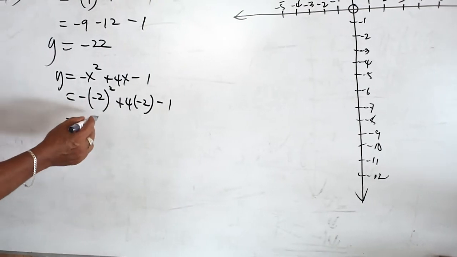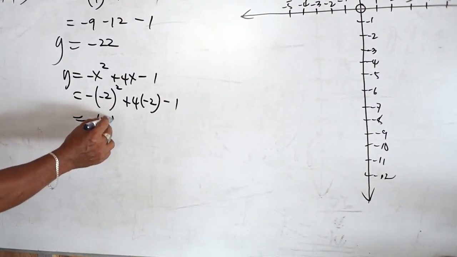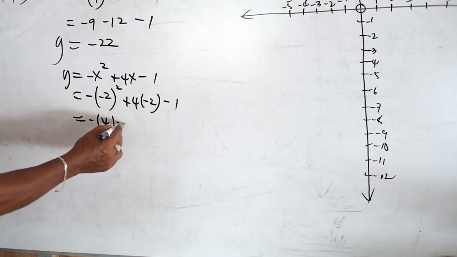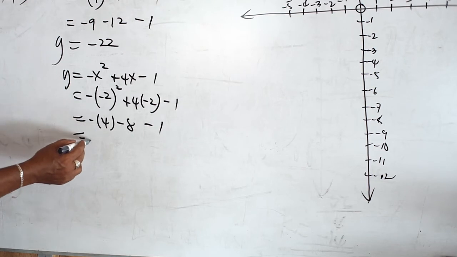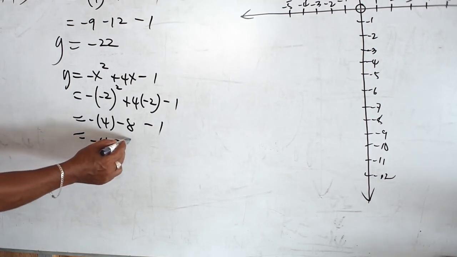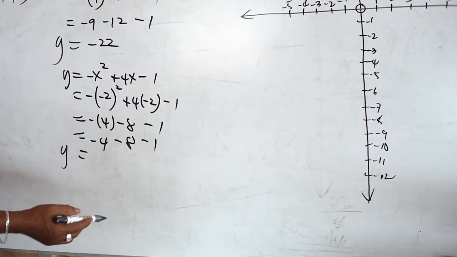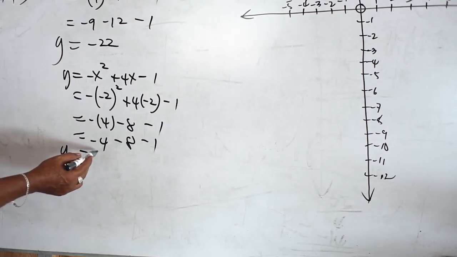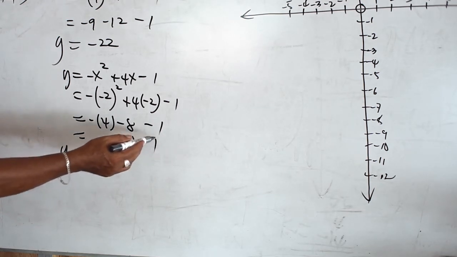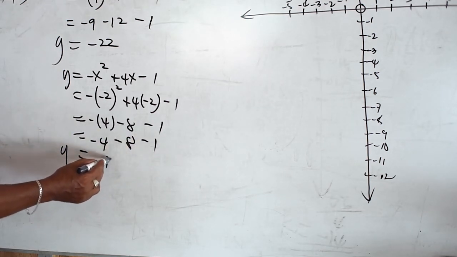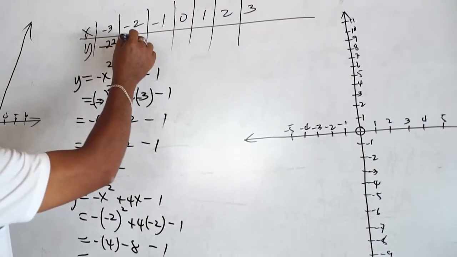The square of negative 2 is 4, so negative 4. Then multiply, that is negative 8. Then we have negative 1. Then add. Negative 4 plus negative 8 is negative 12, plus negative 1 is negative 13. So the value of y is negative 13.